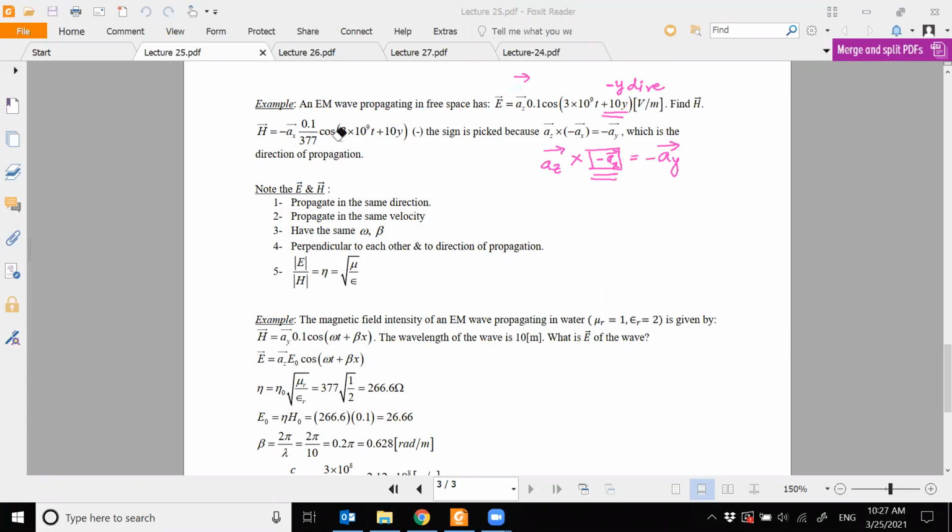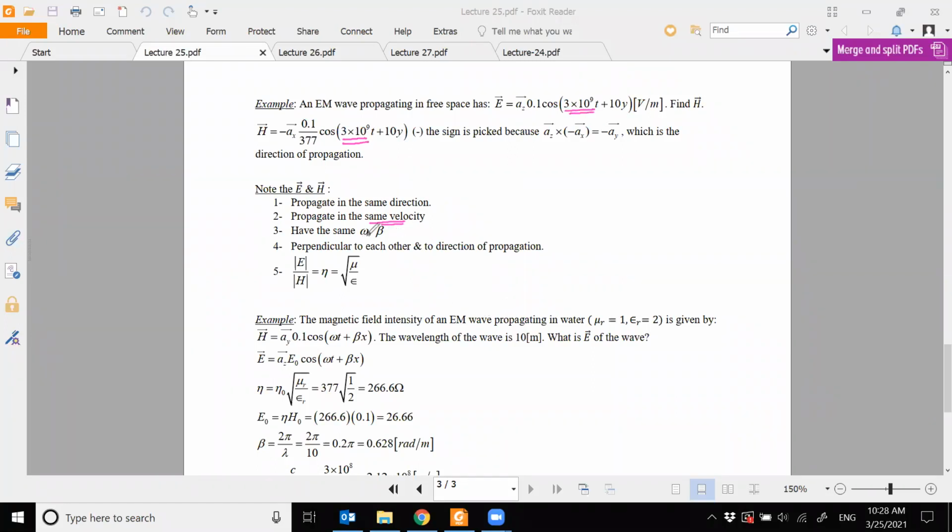So in summary, these are the important points. The first point is the electric and magnetic fields E and H propagate in the same direction. We have also seen that they travel with the same velocity.